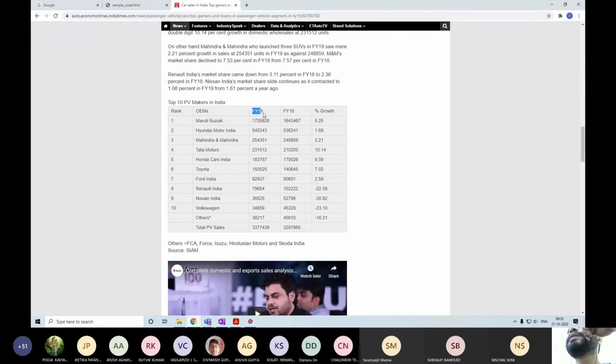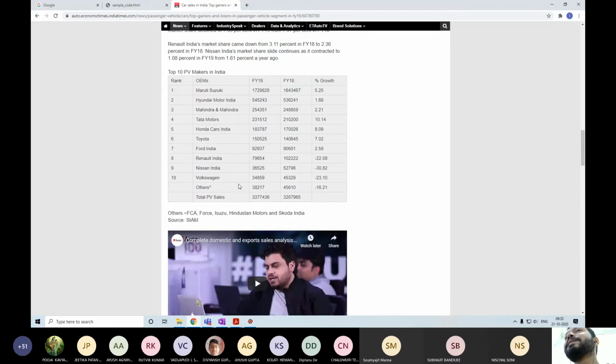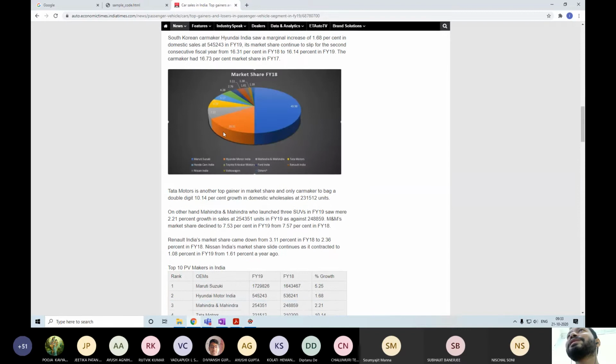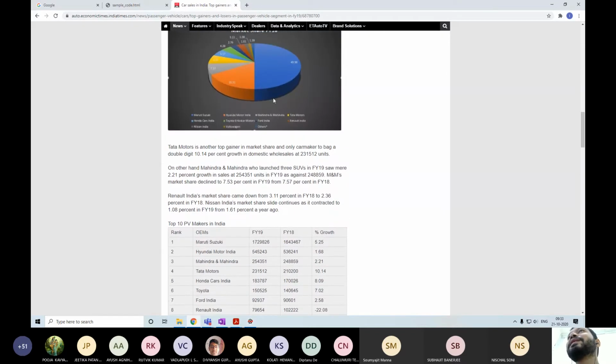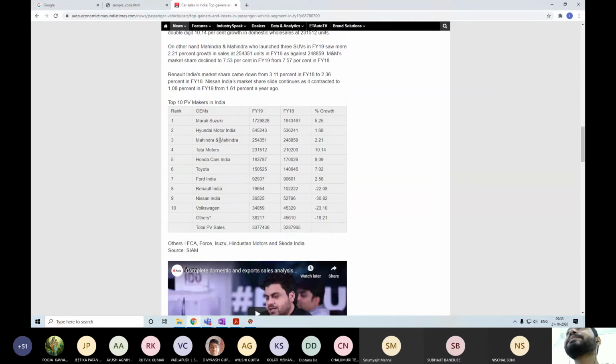Like here, in the financial year 19, which is last year, it gives you different brands like Maruti and how many cars they have sold in the last year. If you want to compare these, I can use something called a pie chart. Actually, you see that they have already used a pie chart, but we can generate that.